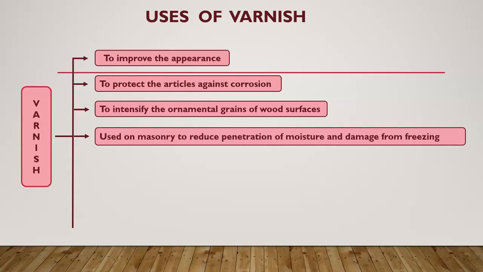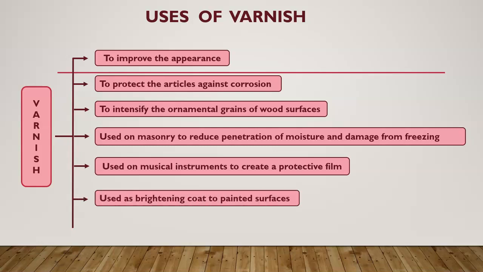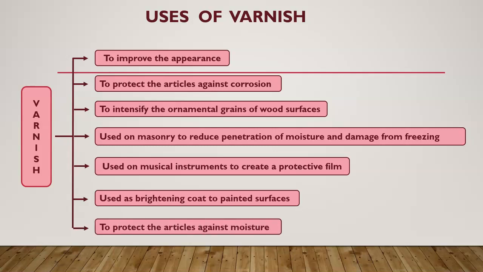It is used on masonry to reduce penetration of moisture and damage from freezing. It is used on musical instruments to create a protective film, as a brightening coat to painted surfaces, and it is also used to protect the articles against moisture. So it has wide applications.